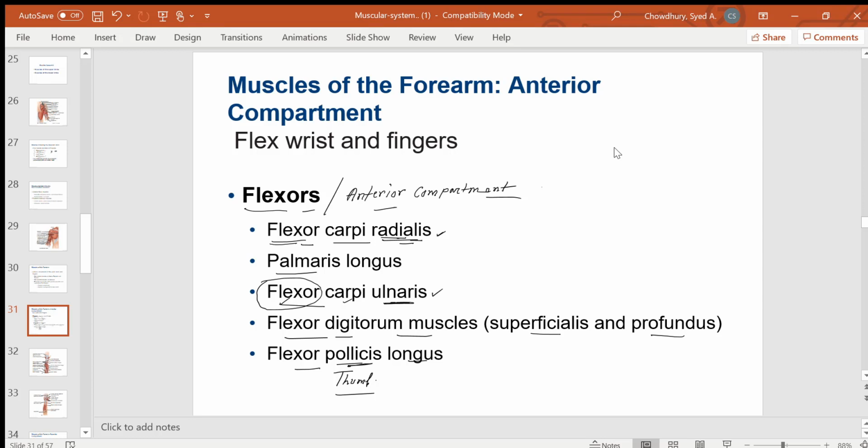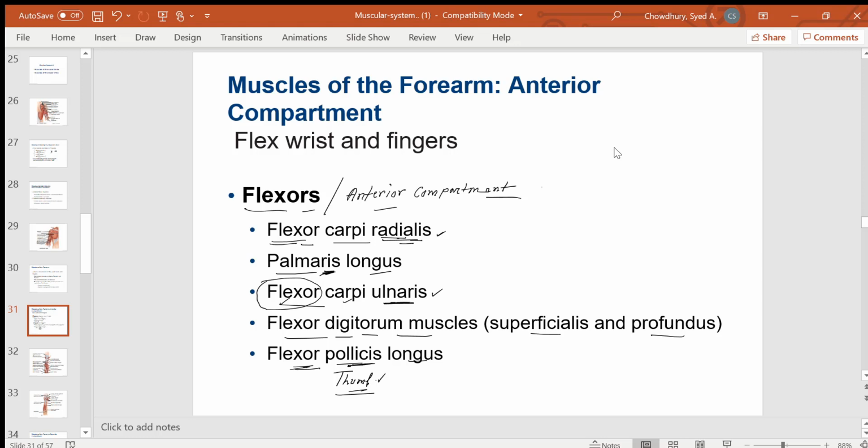If you see the tendon, the end of the muscle, going to the pollicis, that means thumb, from the front, that is flexor pollicis. If you see the ends are going to the digits, all the fingers, flexor digitorum. Only to the thumb, flexor pollicis. Going to the palm, ending there, that is palmaris longus.